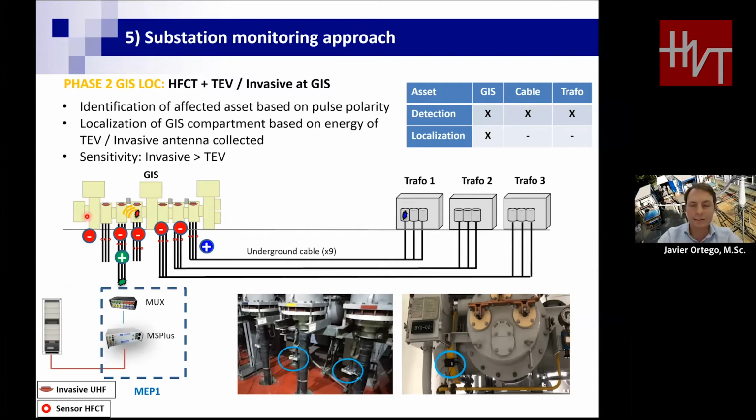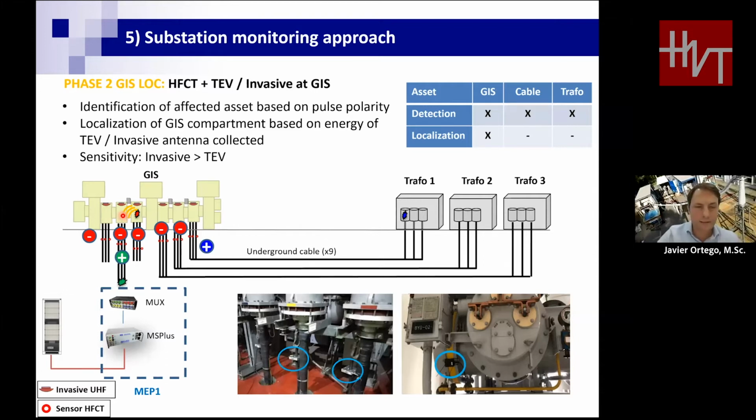So this is the next approach, combining in the same measuring instrument more sensors for ultra high frequency measurement. In this case, if we have invasive sensors, it's perfect because the sensitivity is very high. But if we don't have possibility to put sensors and there are no invasive sensors, this is not applicable.